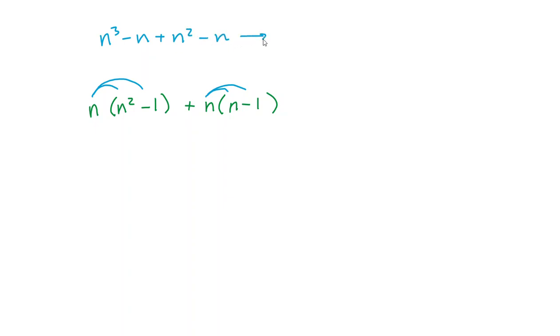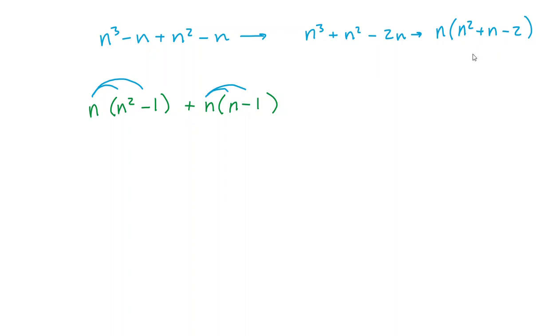And then when we combine like terms and put things in the right order, we get n cubed plus n squared minus 2n. And then we can factor out a greatest common factor, which is n, and we're left with n squared plus n minus 2.